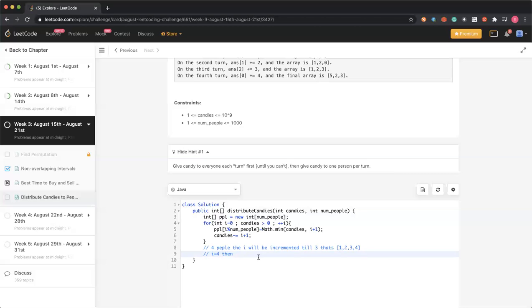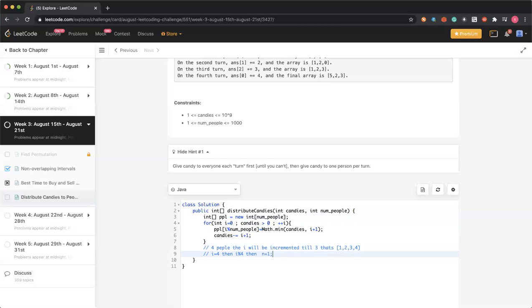How much he will be getting: i has already reached n, so he gets i plus 1, that is n plus 1.